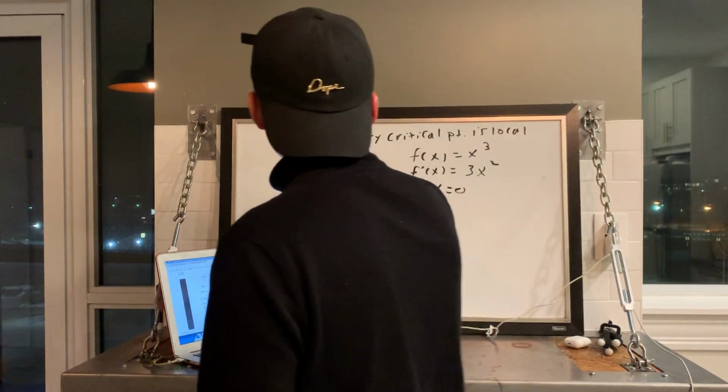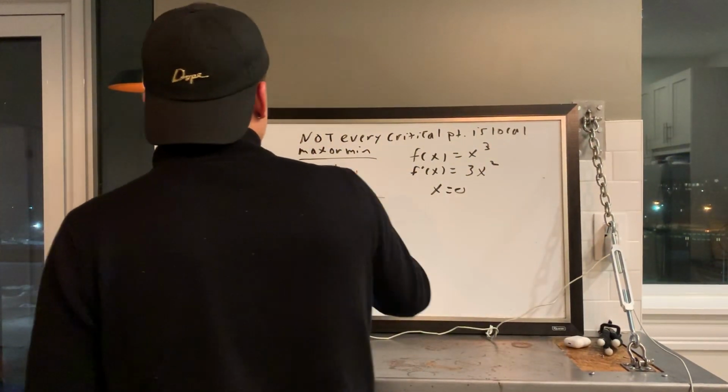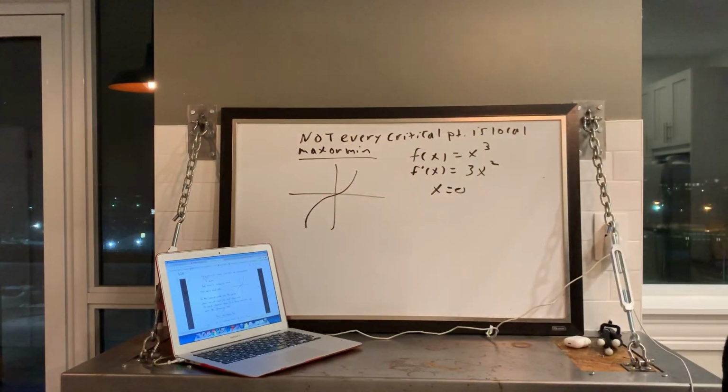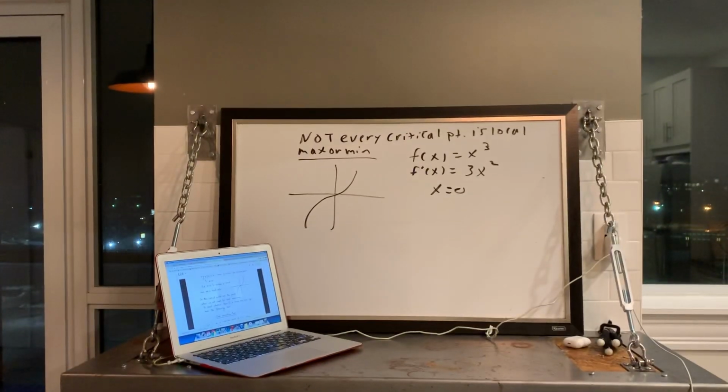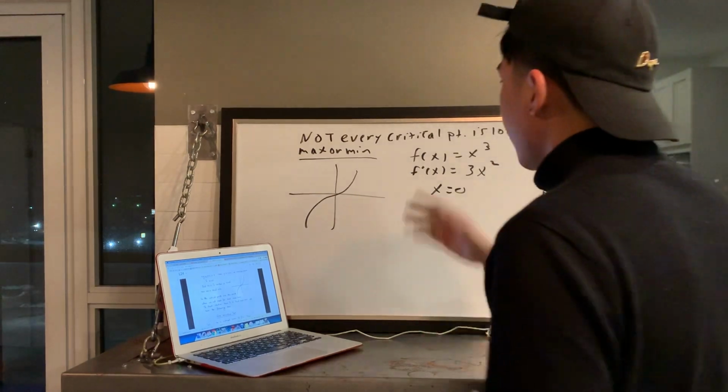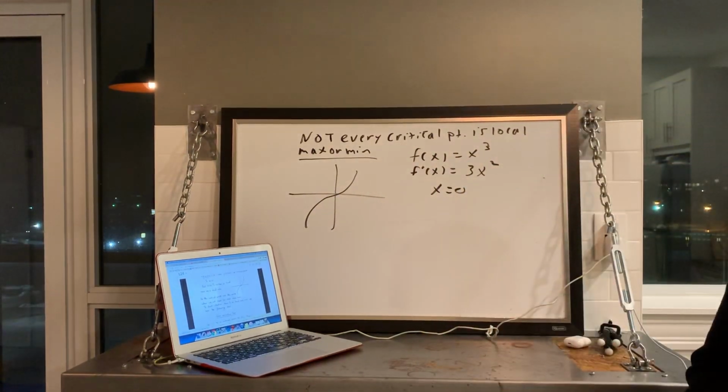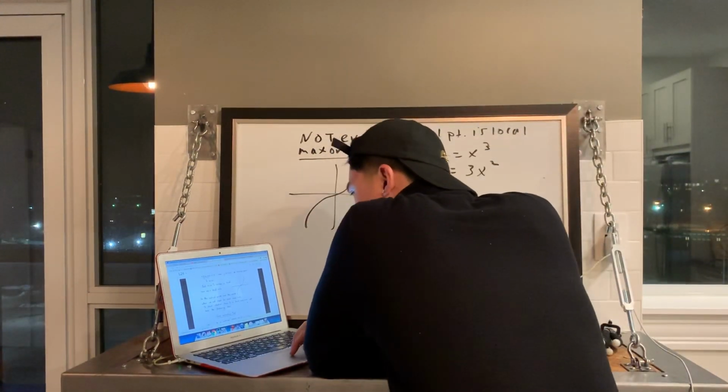But we can see that it's neither a max nor a min at x equals 0. So that proves our point that not every critical point is a local max or a local min.